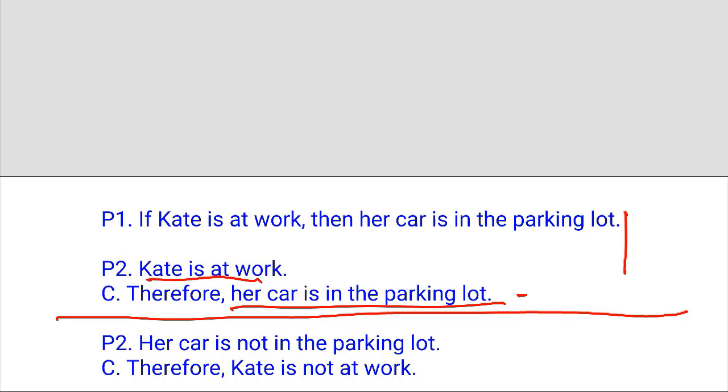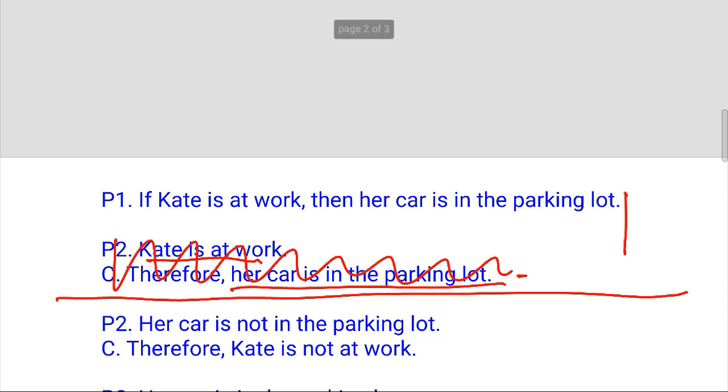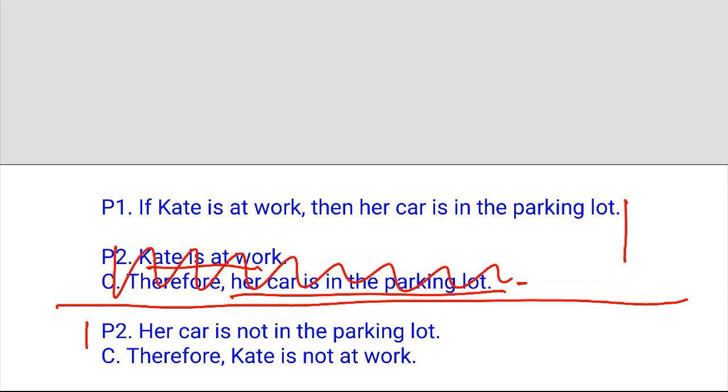Next, same first premise, but now using these two: if Kate is at work, then her car is in the parking lot; her car is not in the parking lot. If we have these two premises, then we know that it has to be the case that Kate is not at work.